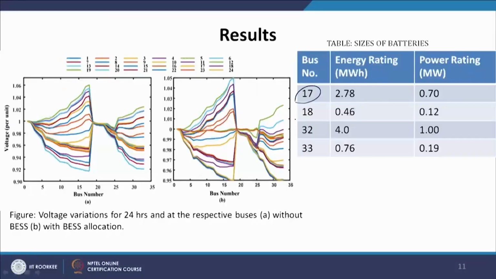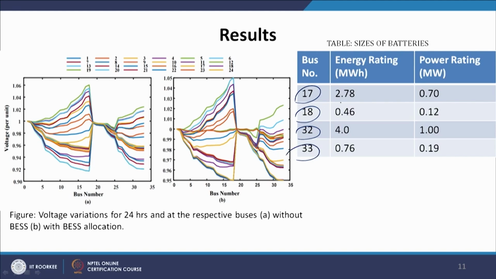And finally, we realize what would be the battery location at 4 different points wherever we have installed the renewable energy PV panels, locations 17, 18, 32 and 33.